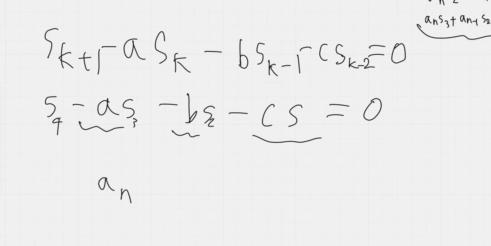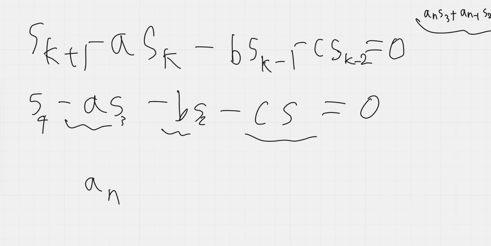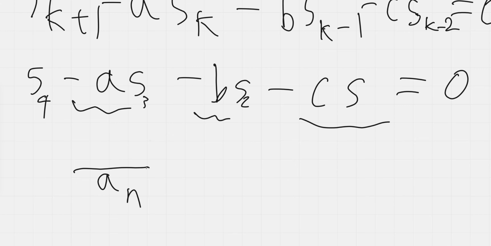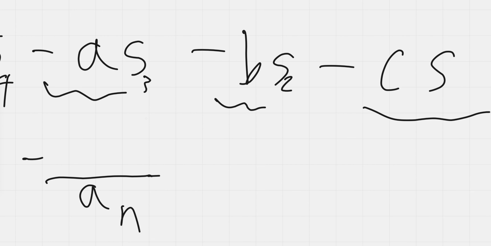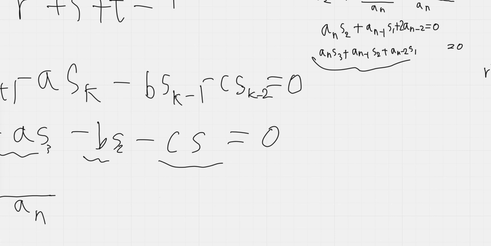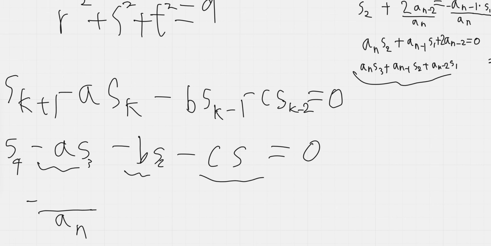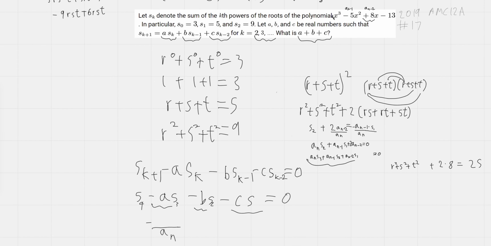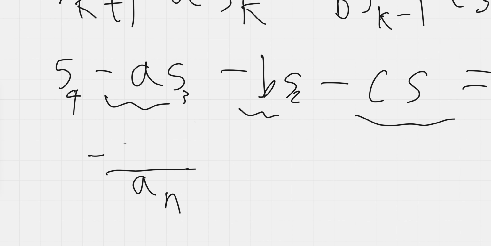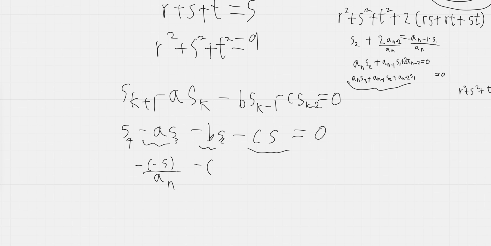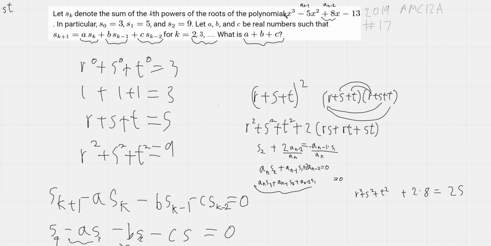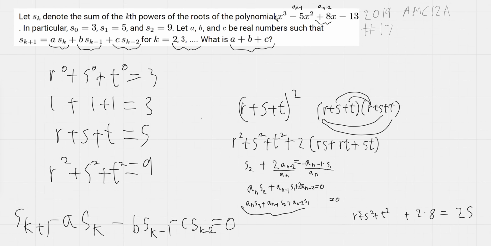So clearly all of these are being divided by a sub n, and they're all of the wrong sign, right? So here, a should be negative if we go back. That should be a sub n minus 1, which is just the next coefficient. So that is negative 5, and this should be the negative of whatever the next coefficient is, which is 8.